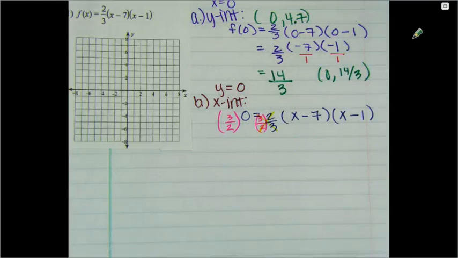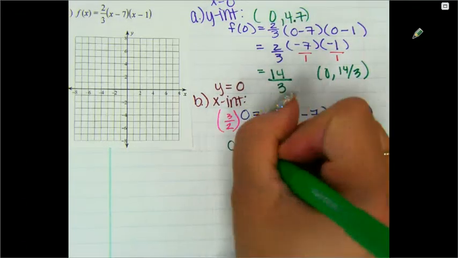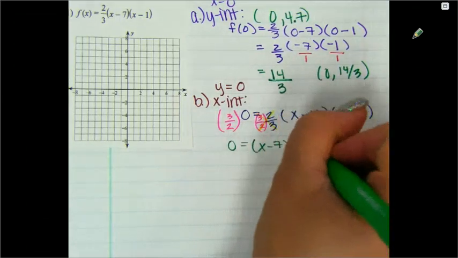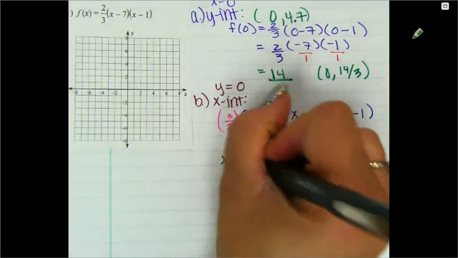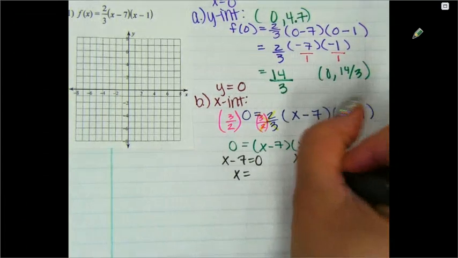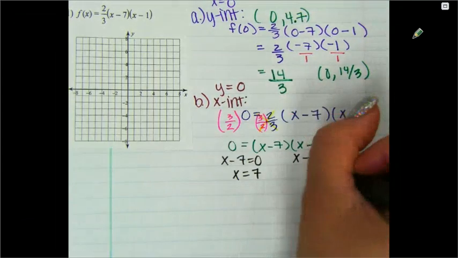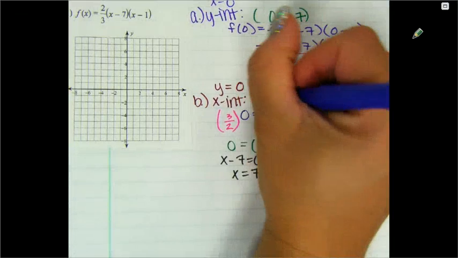And 3 halves times 0 is just 0. X minus 7 and x minus 1: how many equations do you need? 2. So x equals 7 and x equals 1. How do I write those as ordered pairs? Good.